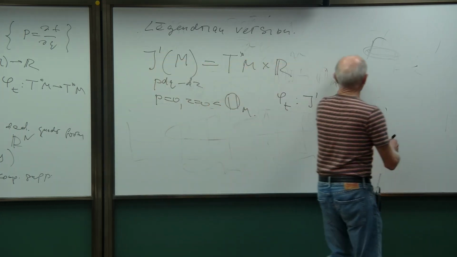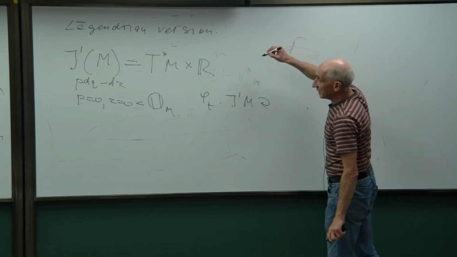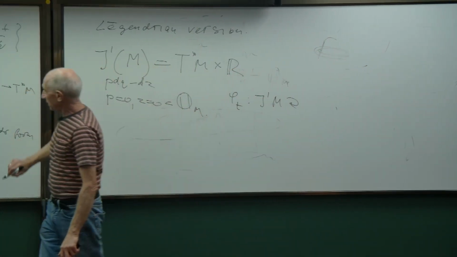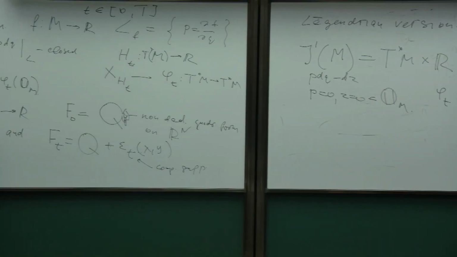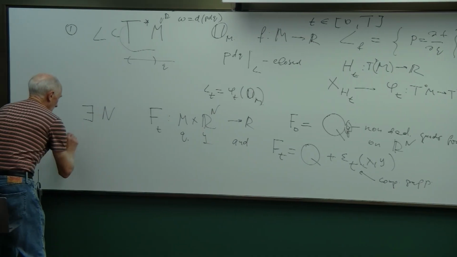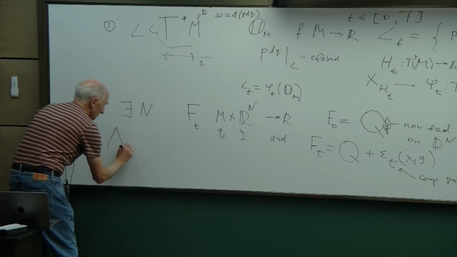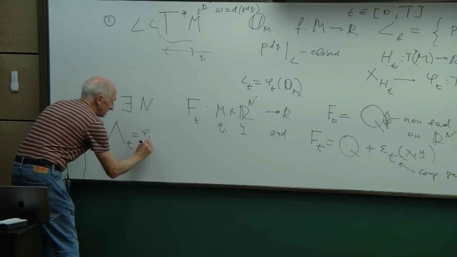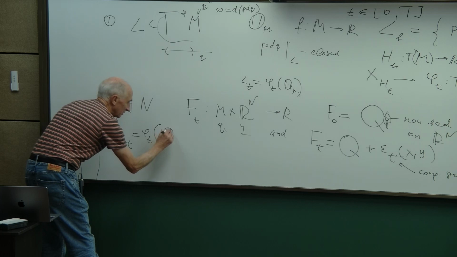So again, there exists a statement exactly like here, that you have a family of functions such that, like before, our Λ_t, this is φ_t of the zero section.